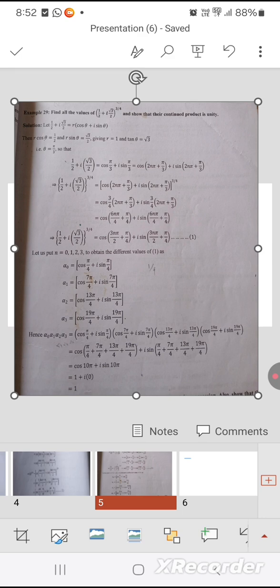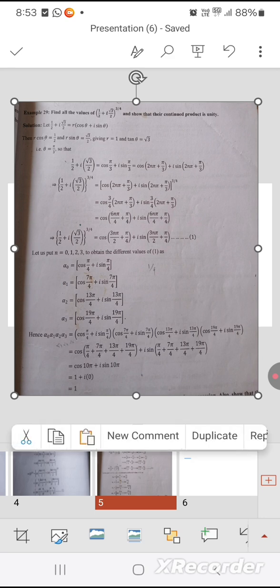So it will give cos(3 by 4 times (2n pi plus pi by 3)) plus i sin(3 by 4 times (2n pi plus pi by 3)). After simplifying it, it will give cos((6n pi plus pi) by 4) plus i sin((6n pi plus pi) by 4), which is equal to cos(3n pi by 2 plus pi by 4) plus i sin(3n pi by 2 plus pi by 4).